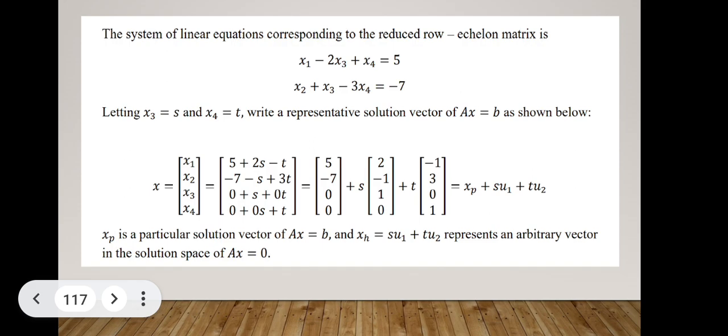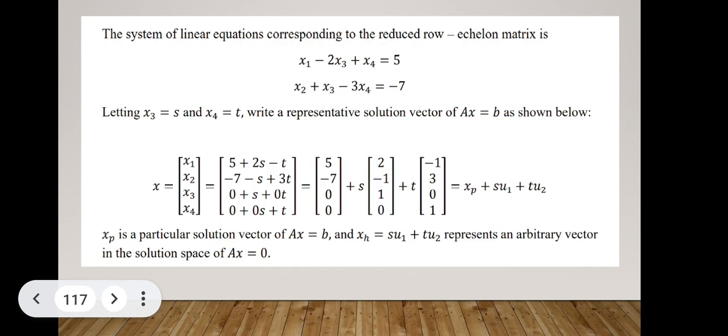As shown below, x = (x1, x2, x3, x4) = (5 + 2s - t, -7 - s + 3t, 0 + s + 0t, 0 + 0s + t), and that is equal to (5, -7, 0, 0) + s(2, -1, 1, 0) + t(-1, 3, 0, 1).